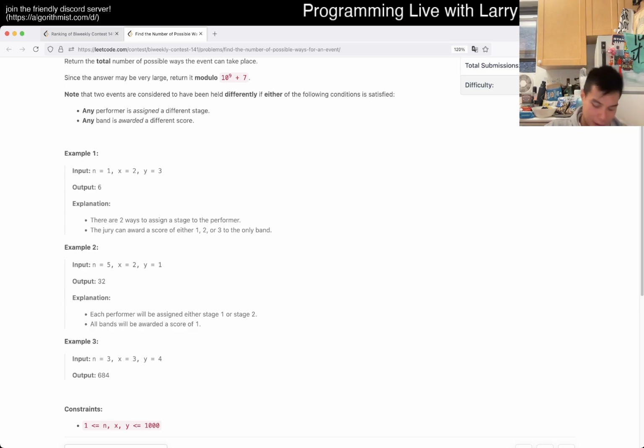Okay, so you choose 3 stages, that's fine. And then, yeah, I think that part is fine, but then how do you enforce that they're all 0? How many of the 3 to the n's have at least 1, right?